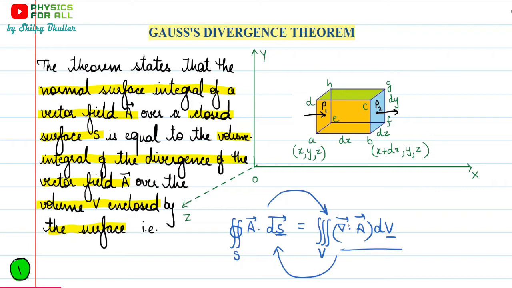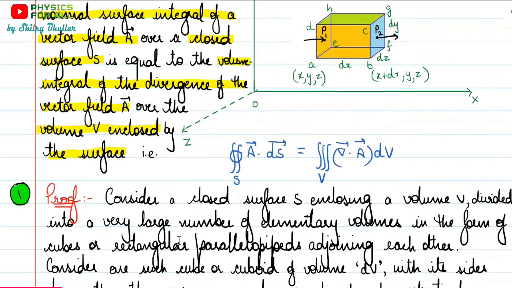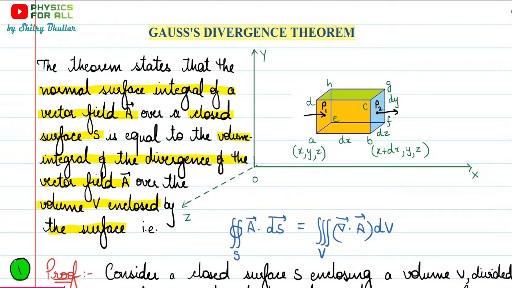Now let's see the proof of it. For the proof, we have to consider some vector field which is spread over the region. Here we say that a closed surface S is enclosing a volume V. Actually, you can imagine that the vector fields are spread everywhere.